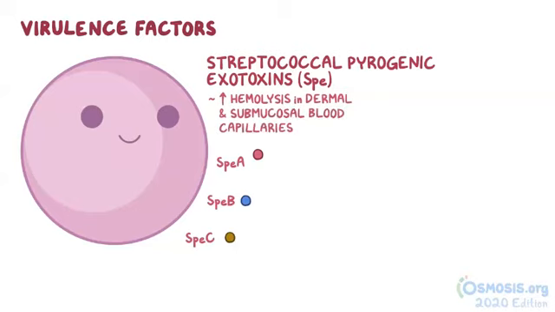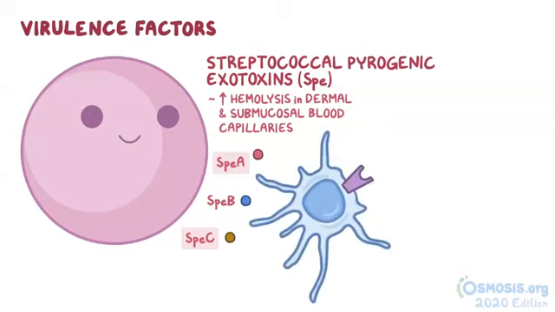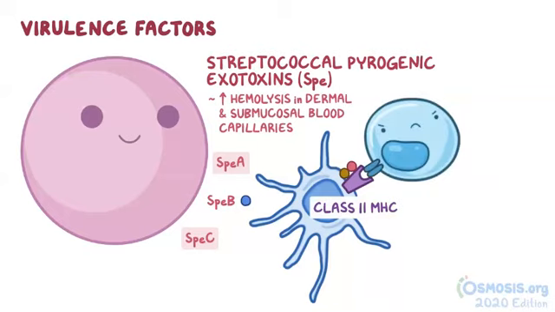What's more, SPEA and SPEC are superantigens, meaning they don't need to be eaten up and processed by an antigen-presenting cell like a macrophage to generate an immune response from T cells. Instead, they interact immediately with the class II MHC molecule on the surface of the macrophage, forming a superantigen MHC complex, which then interacts with the T cell receptor and stimulates up to 30% of the entire T cell population.